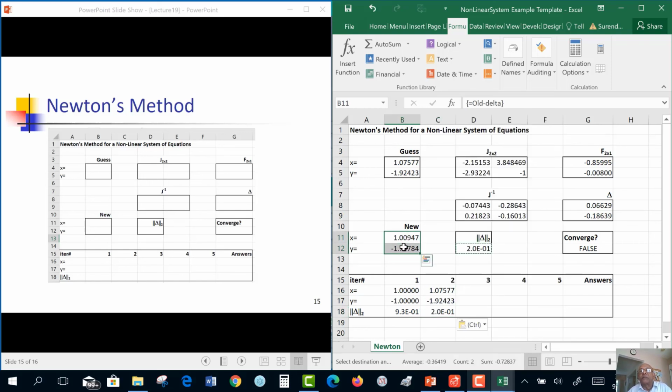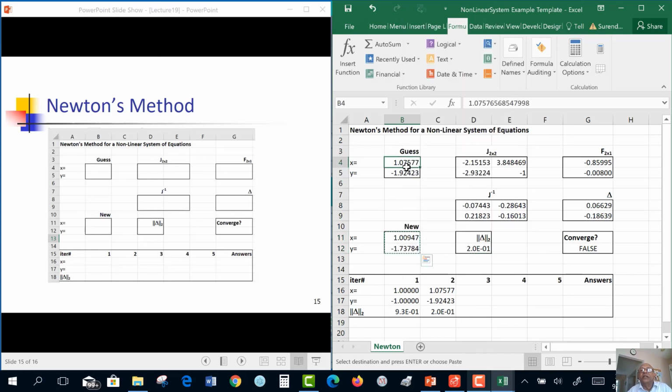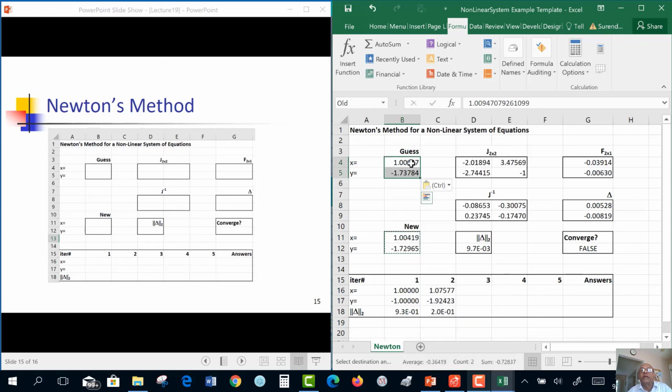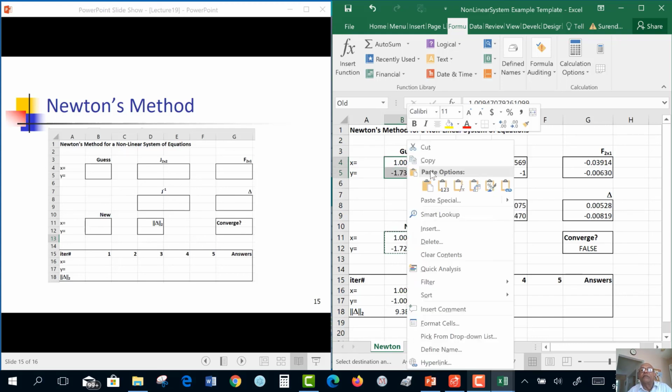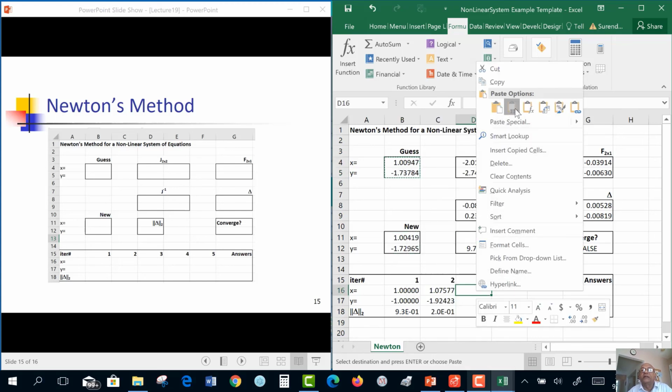Then again, we are going to copy this, use it as our next guess. Remember, you're always copying values, not formulas. Keep a record here.